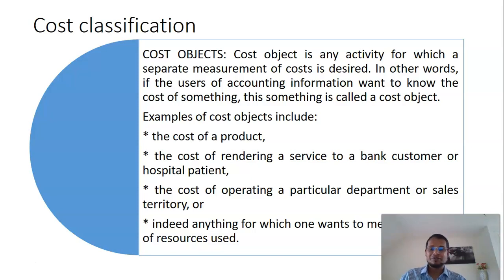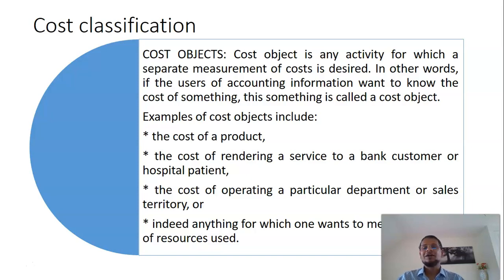There are some examples here you can see in the slide. The cost of a product, as I just mentioned, the cost of rendering a service to a bank customer or hospital patient. If you go to a hospital or a bank, how much does a bank need to spend for an employee to provide a service to its customer?